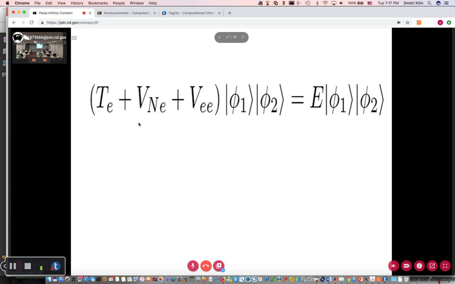So in some sense, we are trying to solve the equation that is shown right now. So the Hamiltonian includes 3 terms, and the wave function is a product. The wave function that depends on 2 electrons is a product of 2 one-electron wave functions. So operator, product of unknown wave functions, unknown energy, product of unknown wave functions.